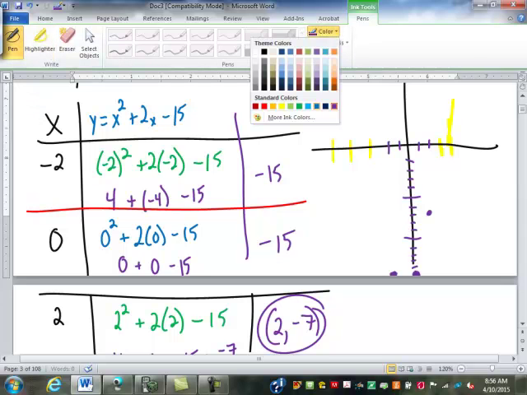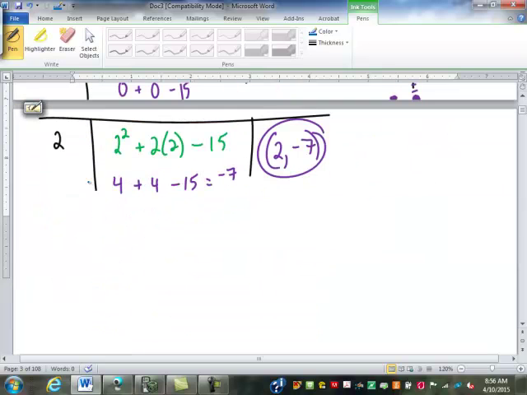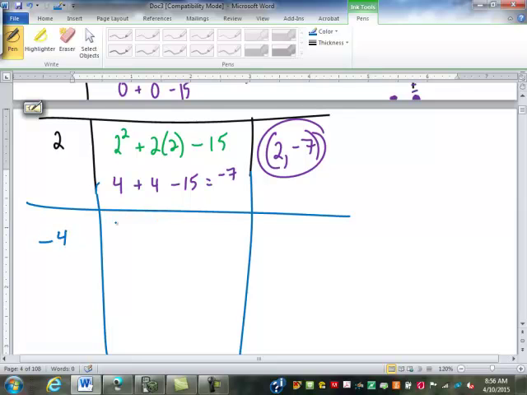So it looks like I might choose x is -4 or something over here. If I were to keep going, let's figure out what's going on when x is -4. So if x is -4, y is -4 squared plus 2 times -4 minus 15. What is -4 squared?